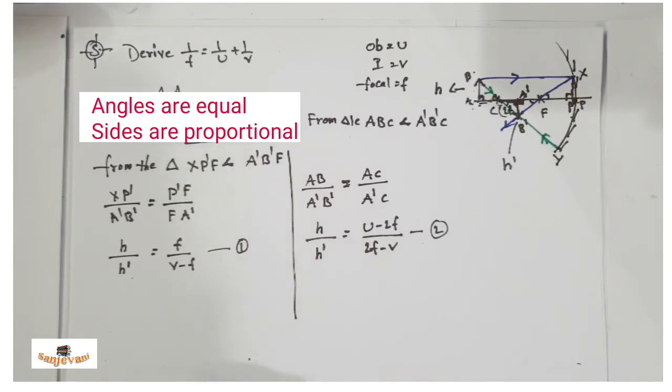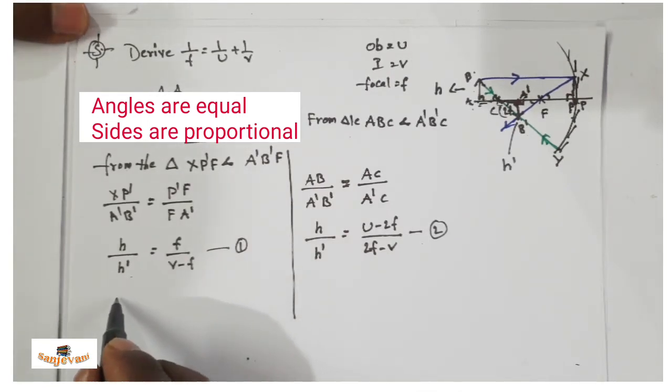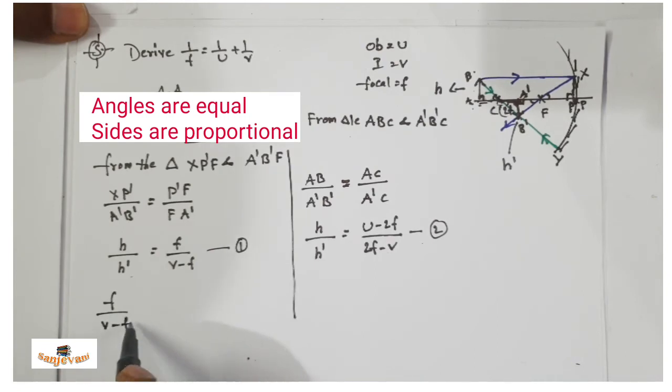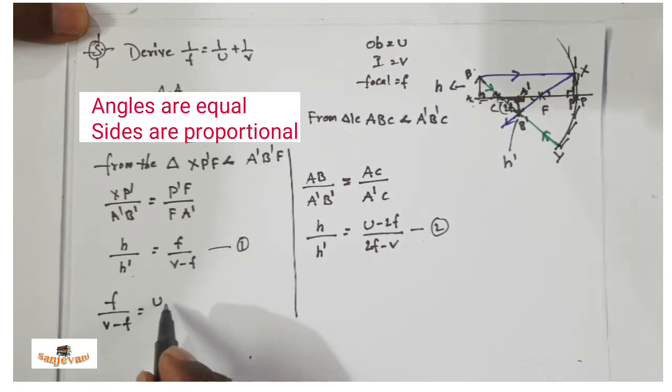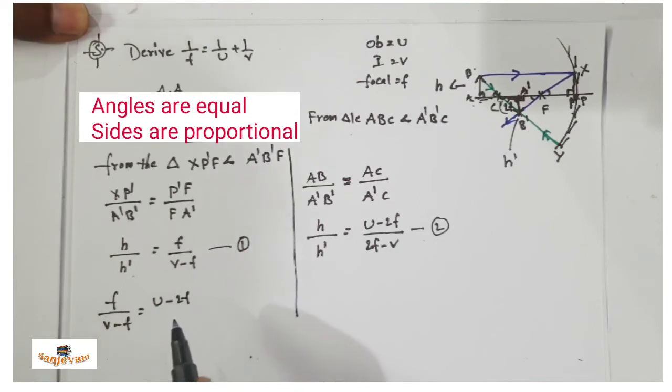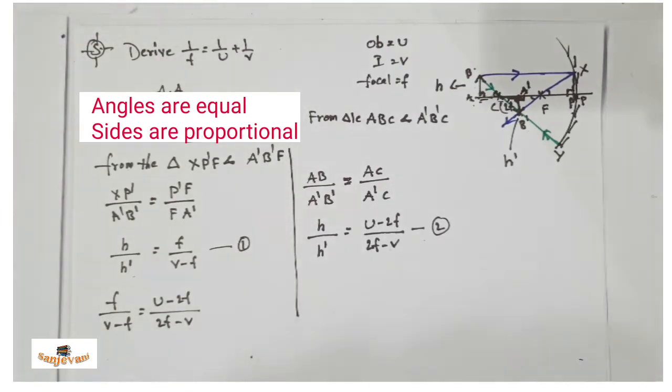Then I am going to write equation 3: f by v minus f is equal to u minus 2f by 2f minus v. Is it clear to you? These two are equal, so these two must be equal.